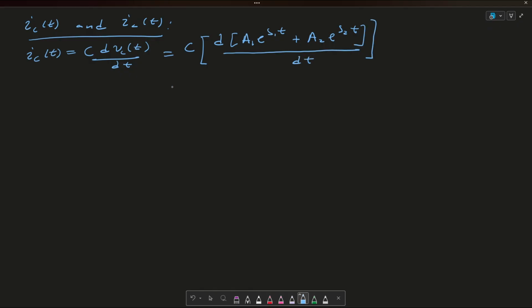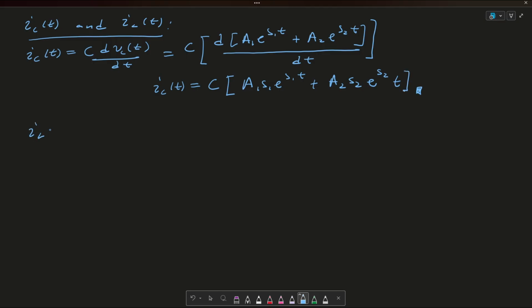So we can then go ahead and say that IC of t is equated to C times A1 S1 e to the S1t plus A2 S2 e to the S2t. So that concludes that proof.